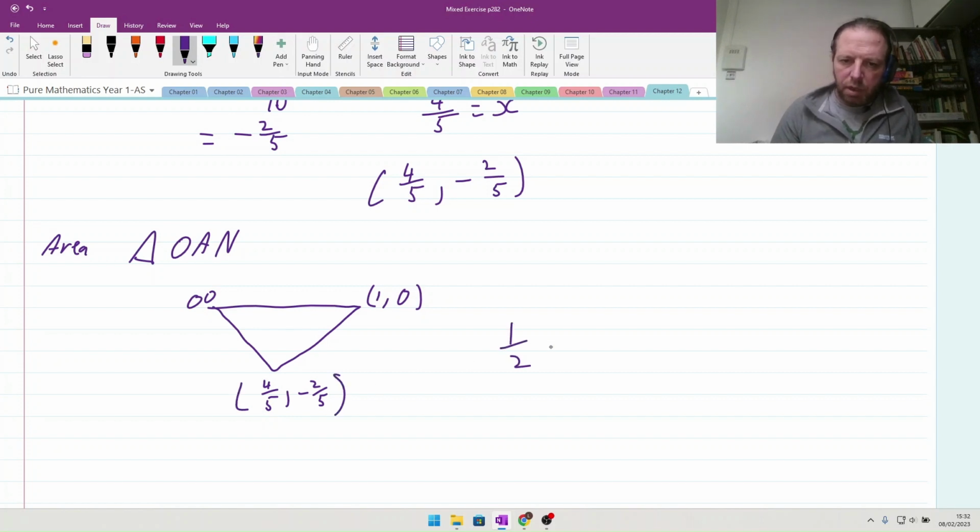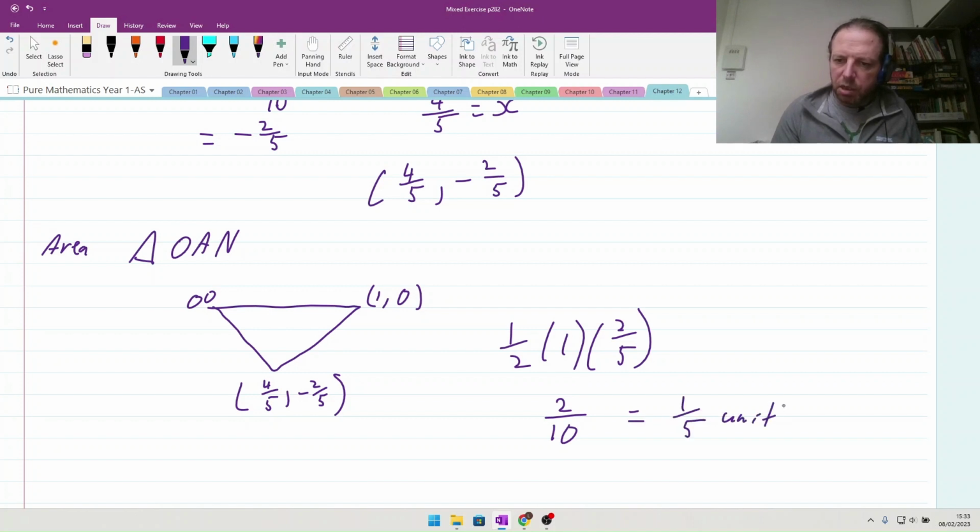So half the base, which is 1, times the height, which is 2/5, gives us 2 over 10, which gives us 1/5 units squared.